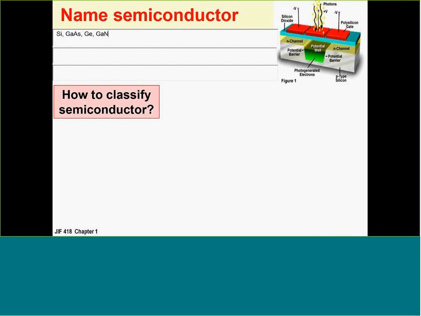The colors that come out from gallium nitride are based on the transition of electrons from the conduction band falling down to the valence band, so the extra energy is emitted as light. So we can also classify it according to the energy band structure.